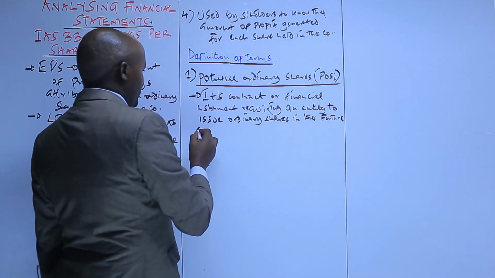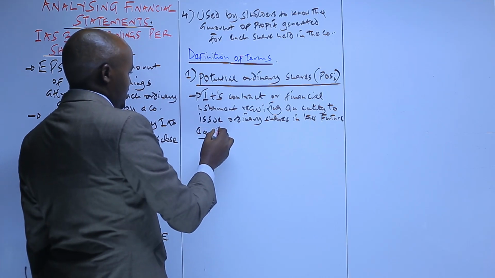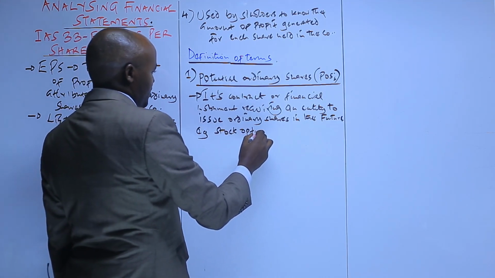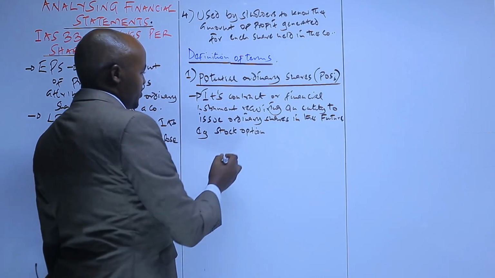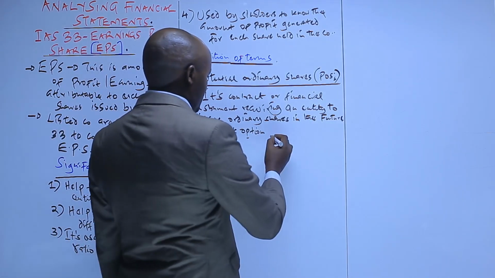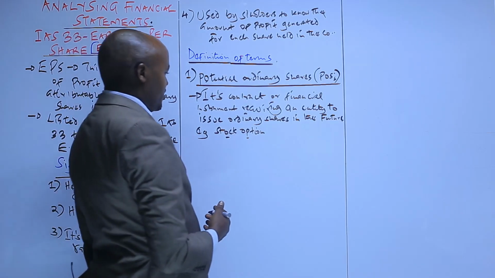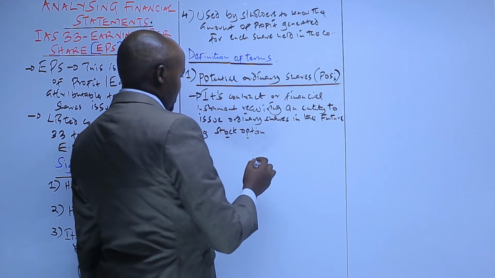Examples of this include stock options. A stock option is a contract between the company and the employees for the company to issue shares to the employees in future at a price below the market price.